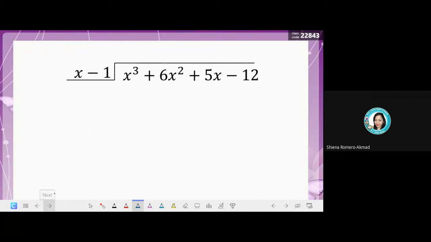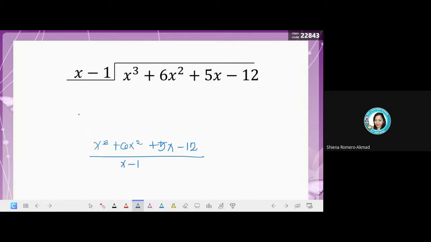polynomials na meron. Okay? So, this is an example of a polynomial and then you divide that to x minus 1. So, ganito po ang itsura niyan. X cubed plus 6x squared plus 5x minus 12 divided by x minus 1.